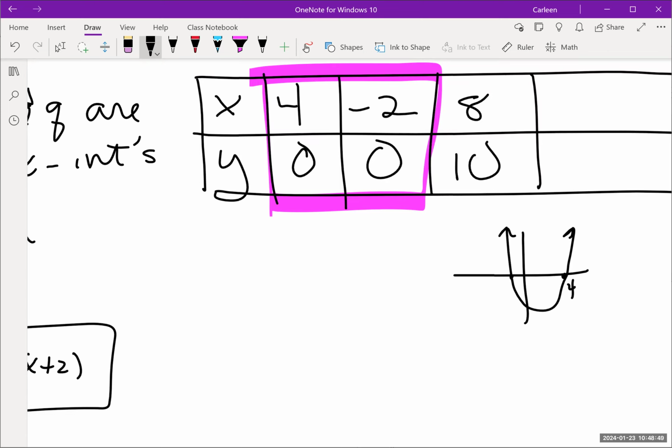Two x-intercepts, ding, ding, ding, the middle. Yeah, do we see that the vertex can always be found in the middle of the x-intercepts? So to find the x value, I'm gonna average the 2 x-intercepts. So x is equal to 2 divided by 2 equals 1. Yeah, so the x value is 1.